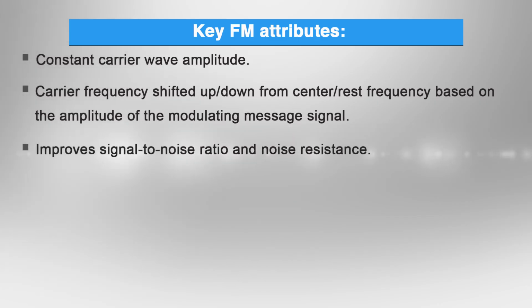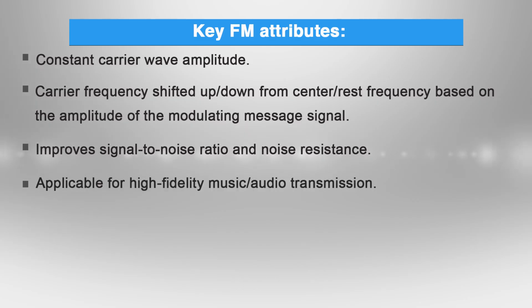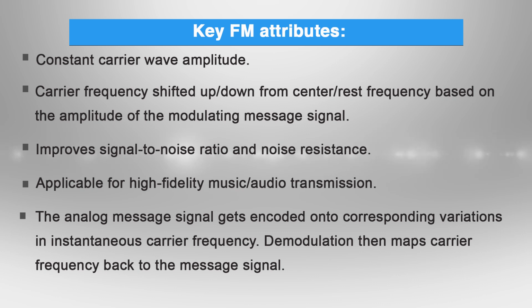It improves signal to noise ratio and noise resistance. It is applicable for high fidelity music audio transmission. The analog message signal gets encoded onto a corresponding variation in instantaneous carrier frequency. Demodulation then maps carrier frequency back to the message signal.